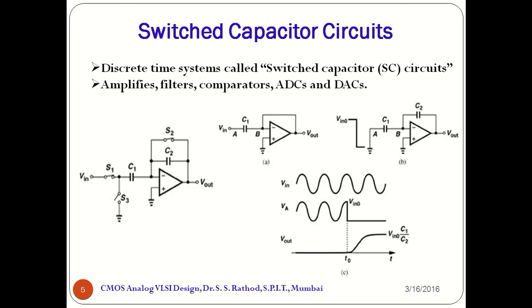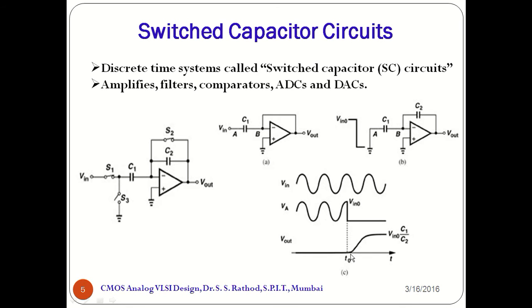This gives us an equivalent circuit which is shown in figure A. For a high gain op-amp, VB is equal to Vout, which will be equal to 0 because of the virtual ground, and hence the voltage across capacitor C1 is approximately equal to the input voltage Vin, as shown in this figure. Thus Vin is a sine wave, Va follows Vin, but Vout will be equal to 0 till time t equal to 0.